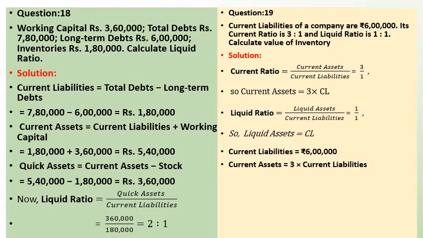Now current assets is equal to 3 into current liability, because we already got it over here. Current assets is equal to 3 into current liability, and if you take this figure, you will get the current assets, therefore 6 into 3, that is 18 lakhs.